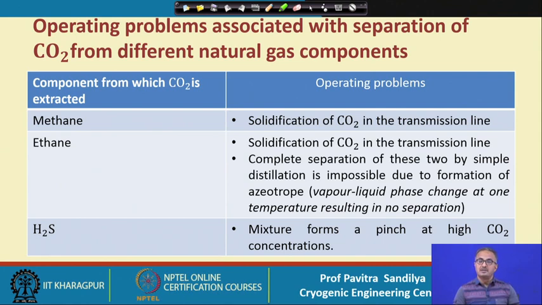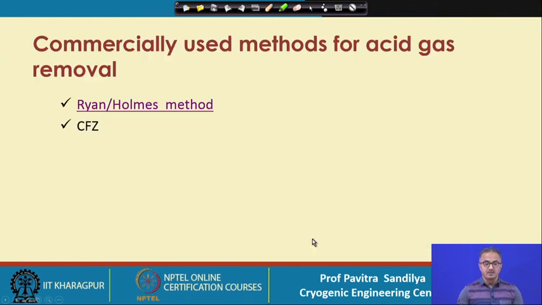But if these components form an azeotrope, then this phase change would occur only at a single temperature, and then we will not be able to get any kind of separation. So, that is why they form azeotrope and we cannot get any separation. And in case of H2S, the mixture forms a pinch at high carbon dioxide concentration. Then we have these commercially used methods like Ryan-Holmes and the controlled freezing zone process.